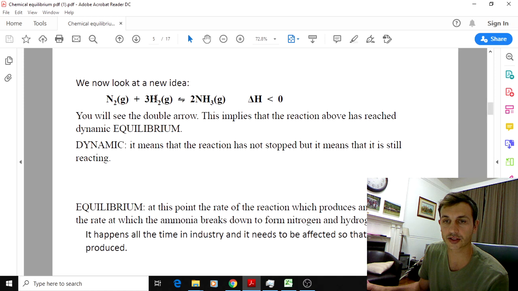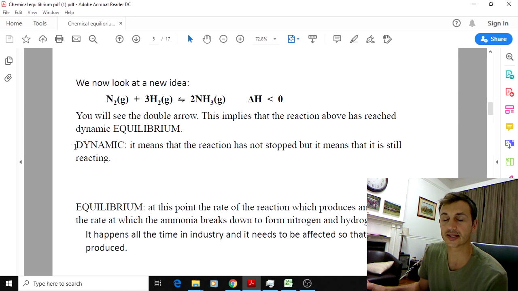Some other information here: subscripts for all gases, and delta H less than 0, so that tells us this is an exothermic reaction. There's an equilibrium that will arise when we have reactions taking place in a closed container, and it is dynamic. It is a dynamic equilibrium.